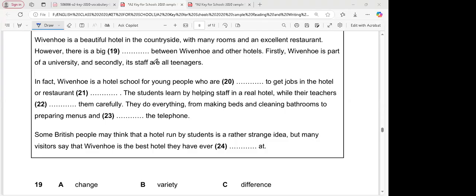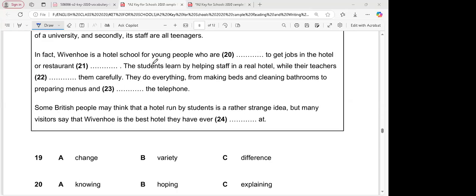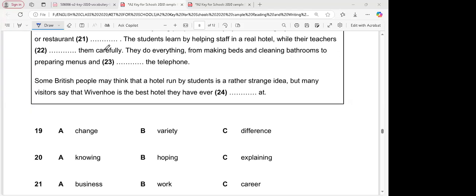In fact, Ivanhoe is a hotel school for young people. It's a hotel school for young people who are knowing, hoping, explaining, okay, who are to get jobs in the hotel or restaurant. This answer will give you a stop, the end of a sentence, of restaurant business or restaurant work or restaurant career.